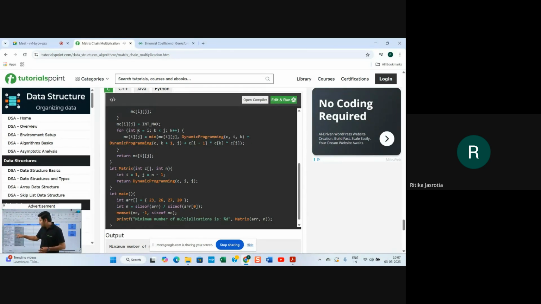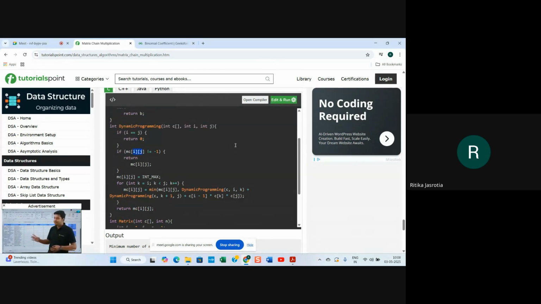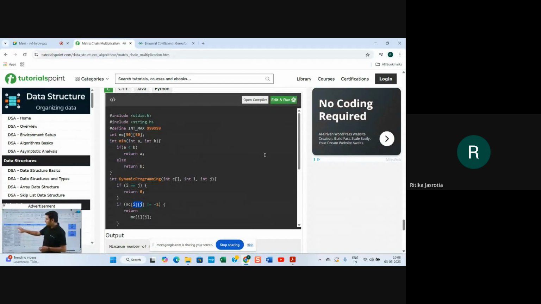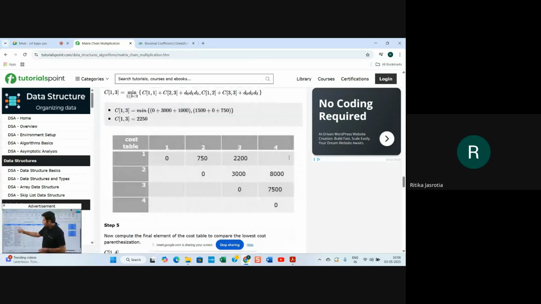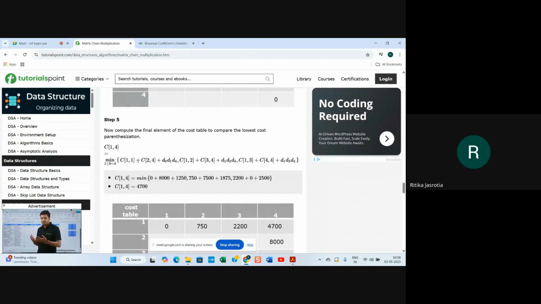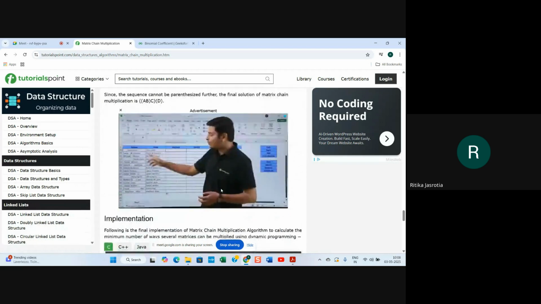For int k equal to i, k less than j, k plus plus, mc[i][j] is equal to min of mc[i][j] and dynamic programming of i,k plus dynamic programming of k+1,j. These are the values we were calculating for c[i,j], the formula, which we have to put in the function.